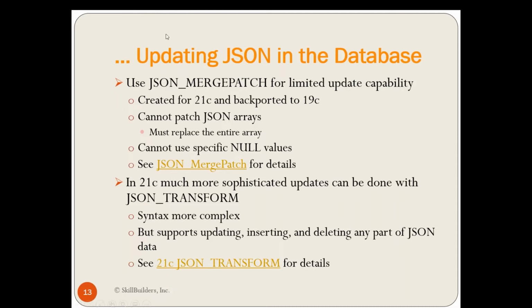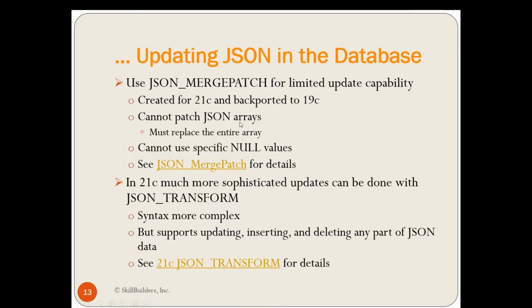So what did Oracle do? Back in 21, they created a JSON merge patch, and that has been successfully backported to 19C at this point. So if you're in 19C at the appropriate release, you can now use merge patch, and it has limited update capability. It allows you to update part of it, but it's not super sophisticated. What's the limitation?